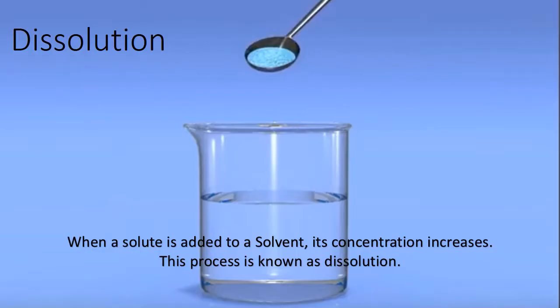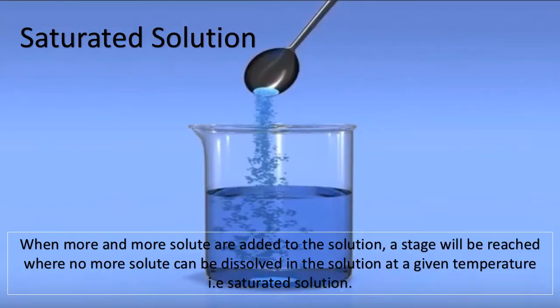When a solute is added to a solvent, the concentration of solute in the solution increases. This process is known as dissolution. When more and more solute is added to that solution, a saturation stage will be reached.